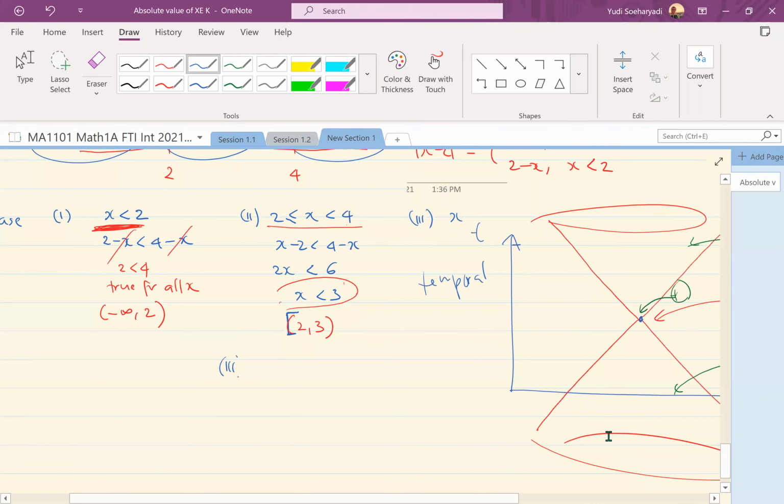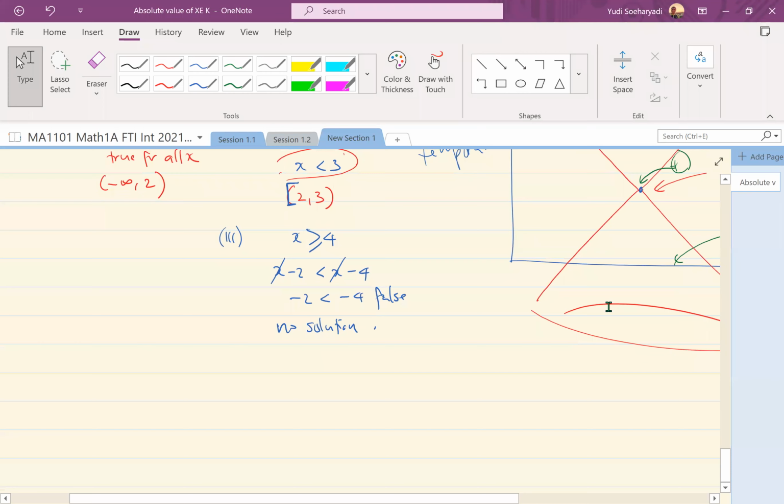Case 3. Okay. So x bigger than 4. So you're solving x minus 2 less than x minus 4. False. So no solutions.